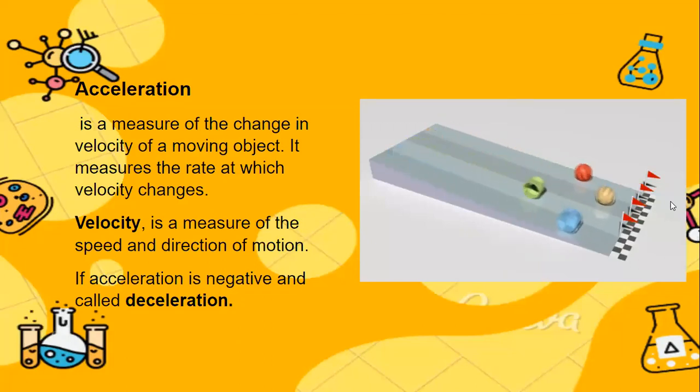So first, we need to know what we mean by these three. Acceleration is a measure of the change in velocity of a moving object. It measures the rate at which velocity changes. For example, if you are from a stop, it means you do not have velocity, so that is zero.